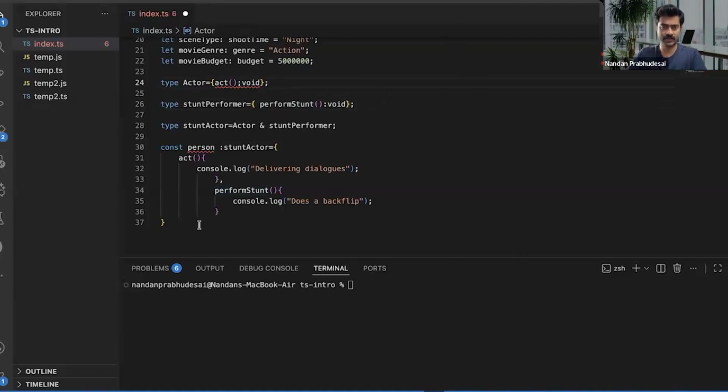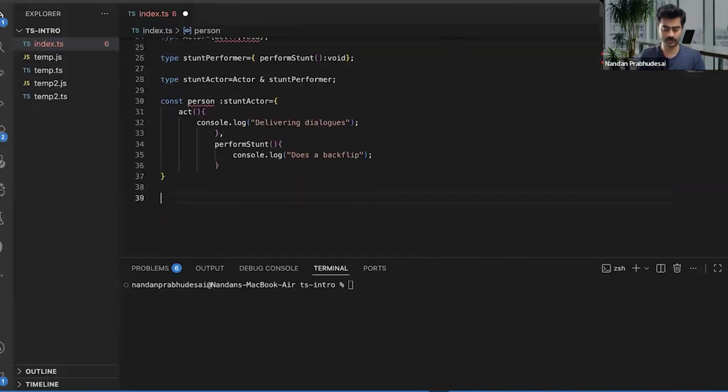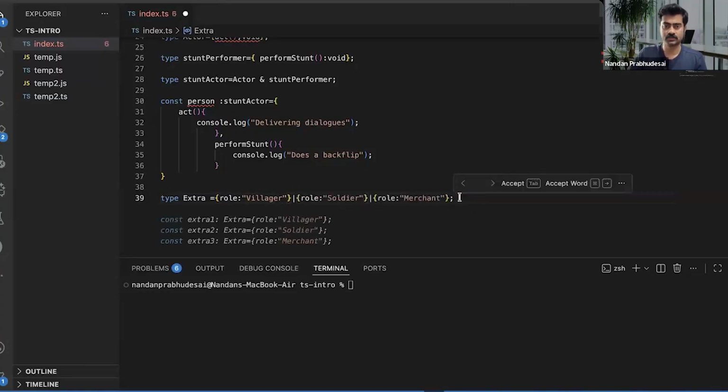So let's say I have a type named extra. Let me define the type, which is an extra in the movie. Role will be, let's say, a villager. Say a role. Yeah, let's use this.